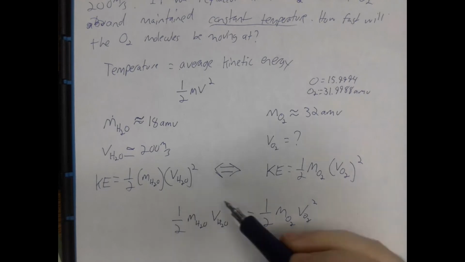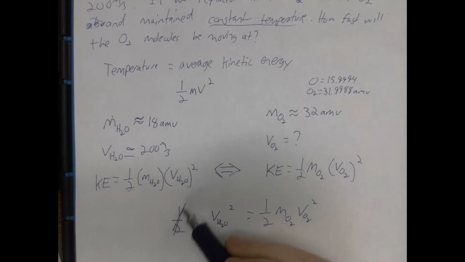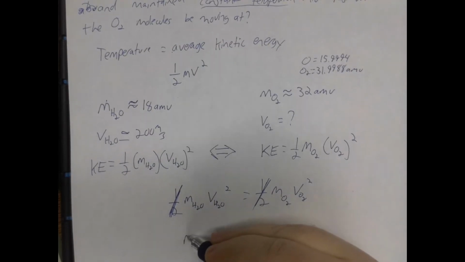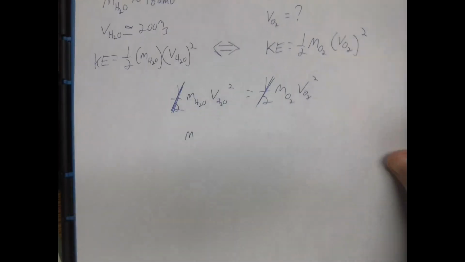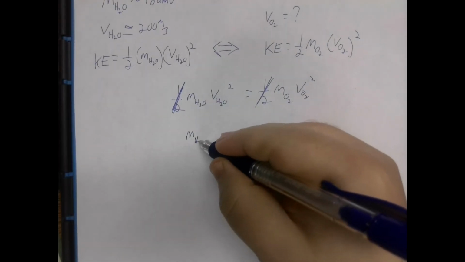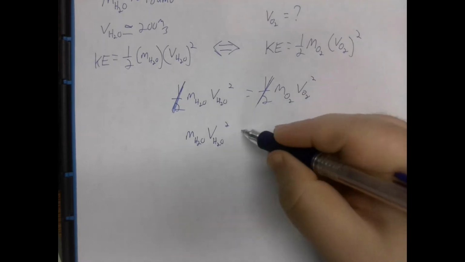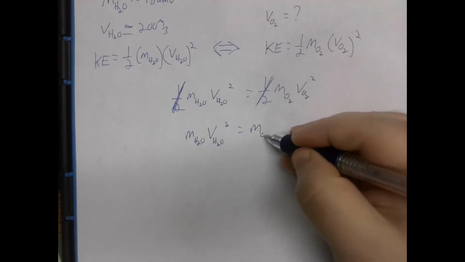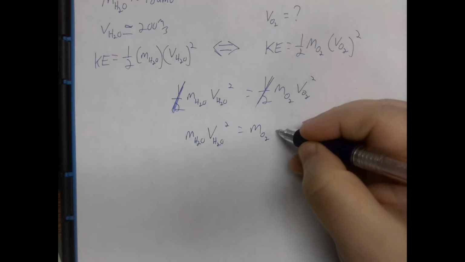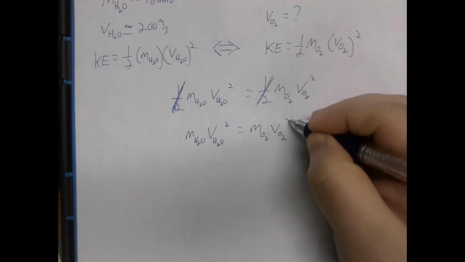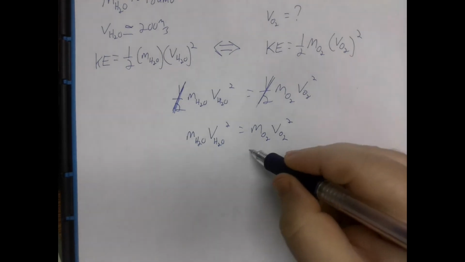We have 1/2 on both sides, so we can get rid of it by multiplying both sides by 2. And so we have the mass of an H2O molecule times the velocity of an H2O molecule squared equals the mass of an oxygen molecule times the velocity of an oxygen molecule squared.